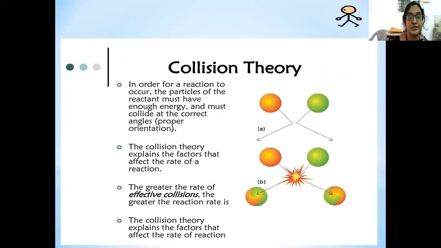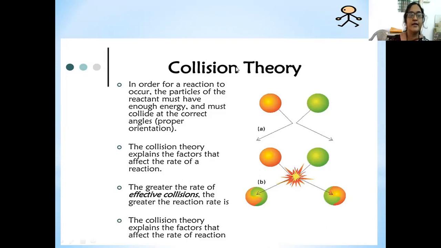Not all collisions give the product. The collision which satisfies these two conditions, the energy equal to the activation energy and the proper orientation, will be converted into the product. That is called the effective collision. So according to the collision theory, the rate is not directly proportional to all collisions. It is directly proportional to the effective collisions only.